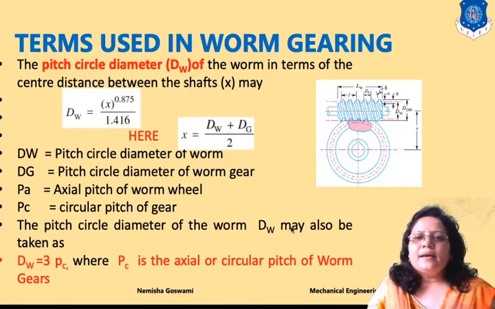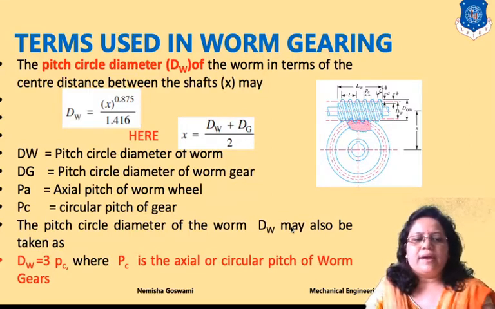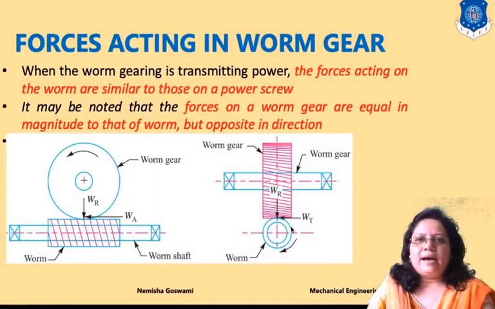PA is the axial pitch and PC is the circular pitch, which we have already discussed. The pitch circle diameter of the worm may be taken as dW equal to 3 times the circular pitch. So this is the relation. If any data is missing, you can find this value by using it.